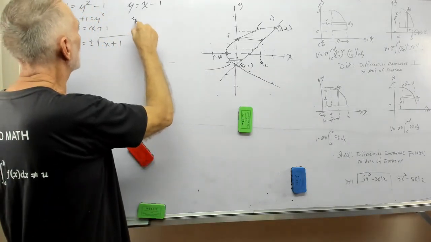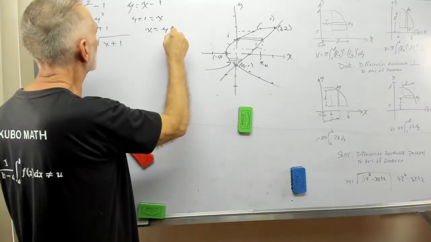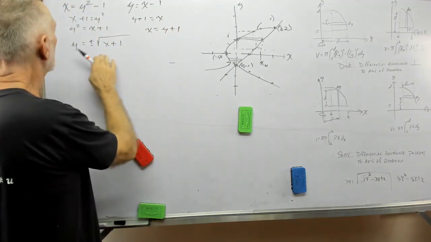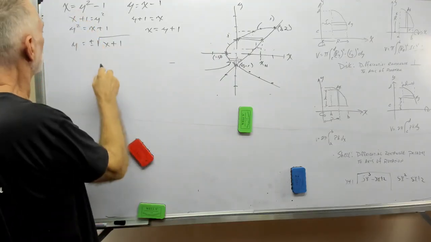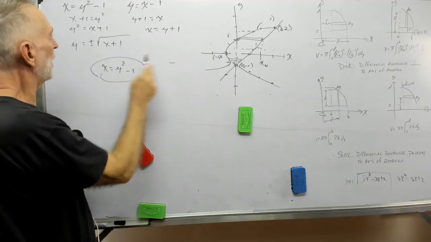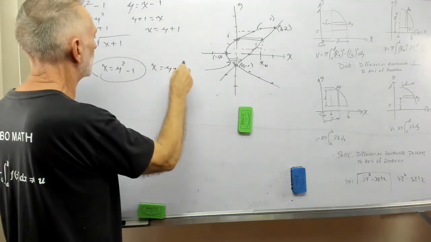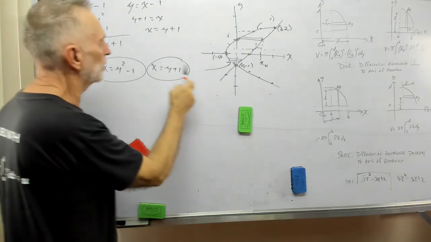So y plus 1 equals x, or x equals y plus 1. And this one I was given: x equals y squared minus 1. Those are the two functions I'm dealing with.